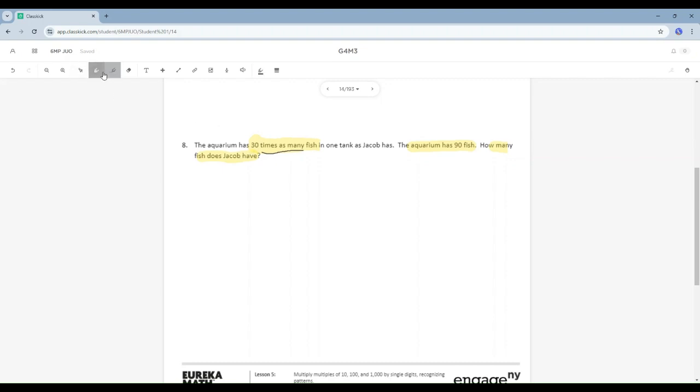So we're not going to multiply 30 times 90 here. Okay, let's read it again. The aquarium has 30 times as many fish in one tank as Jacob has. So however many fish Jacob has, the aquarium has 30 times as many. So J is Jacob. So the amount of fish that Jacob has. And then it tells us that the aquarium has 90 fish.